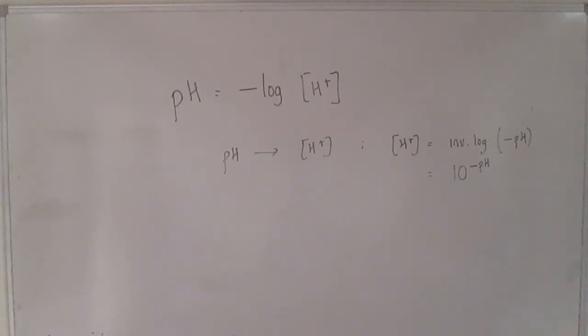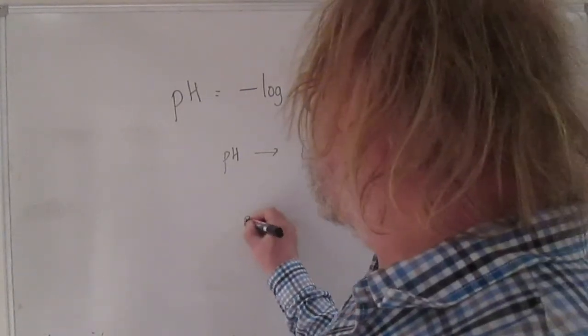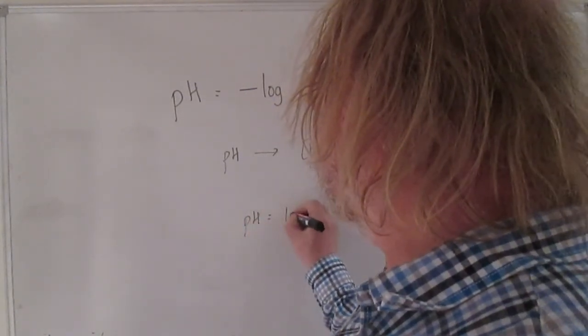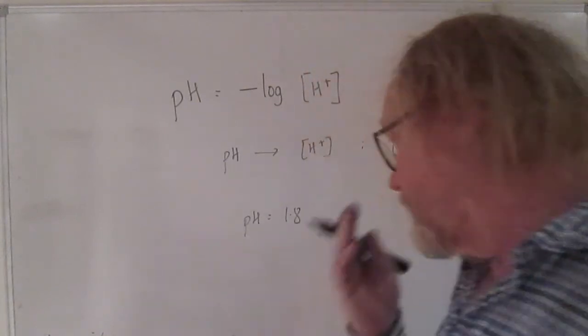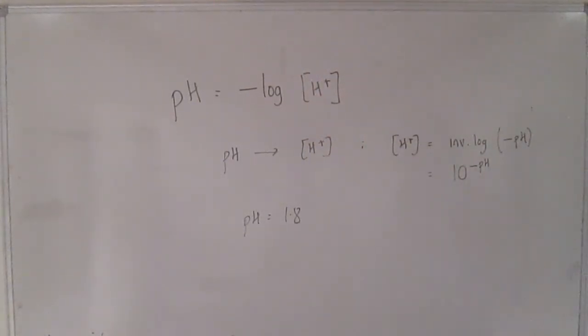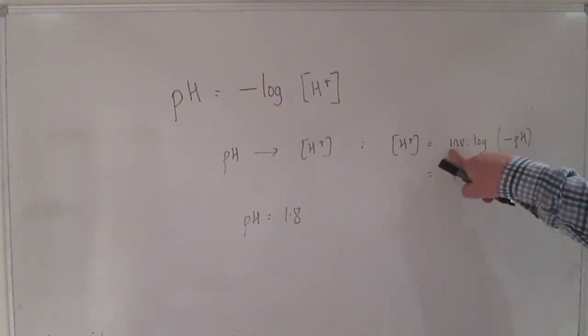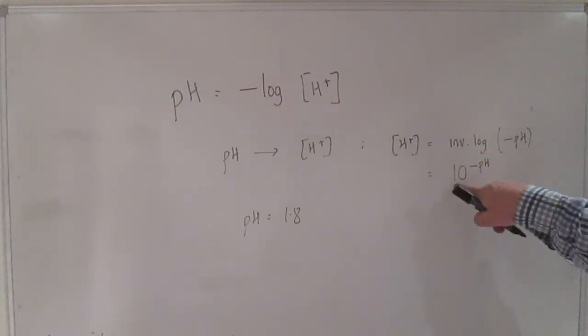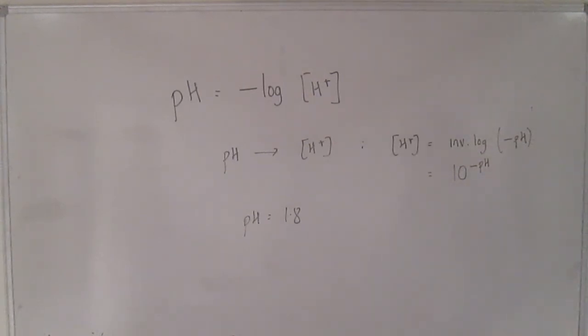So again, the thing to do is try it with some numbers on your calculator and see what you get. So let's say the pH is 1.8. So get your calculator, try plugging that into it. Usually the inverse log function is the most efficient way to do that.